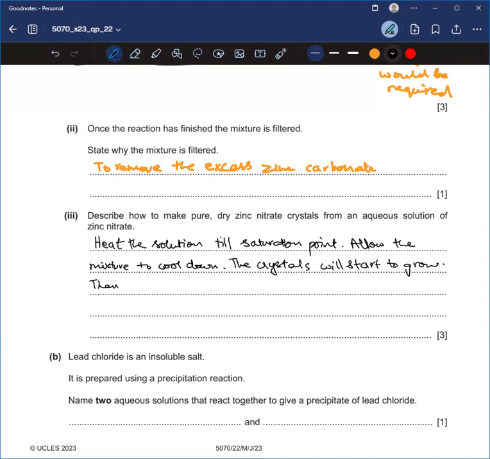Then filter out the crystals, and dry the crystals.